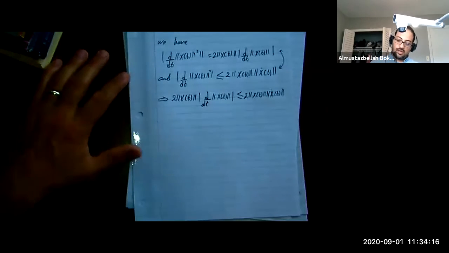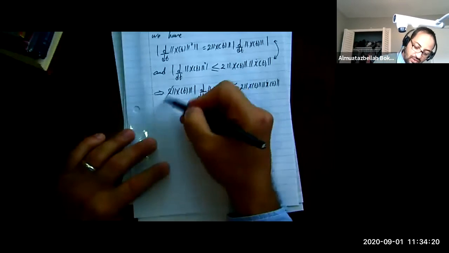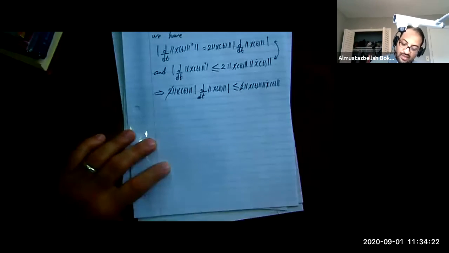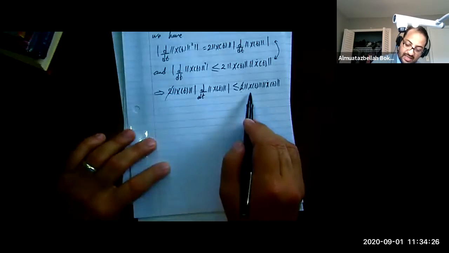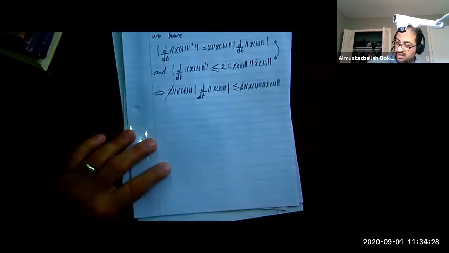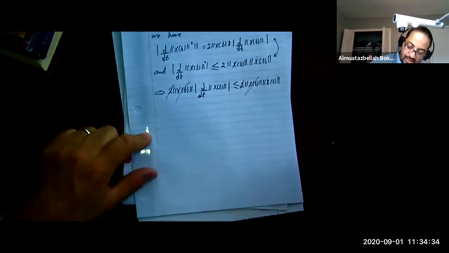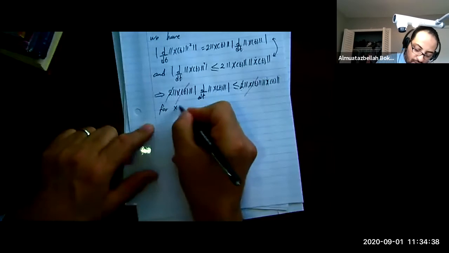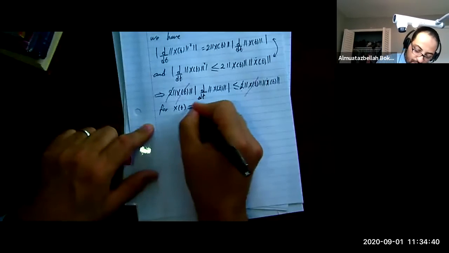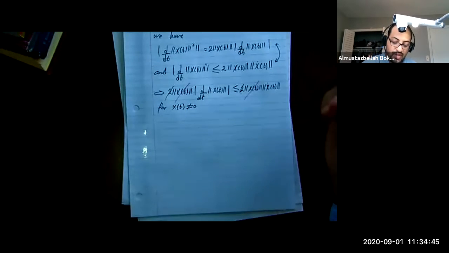Now, because these two are positive, I can divide, no problem. Also, I have a norm of x here and a norm of x here, so I can get rid of that with the assumption, very important here, that x of t is not equal to 0. Otherwise I cannot divide by the norm of x of t.